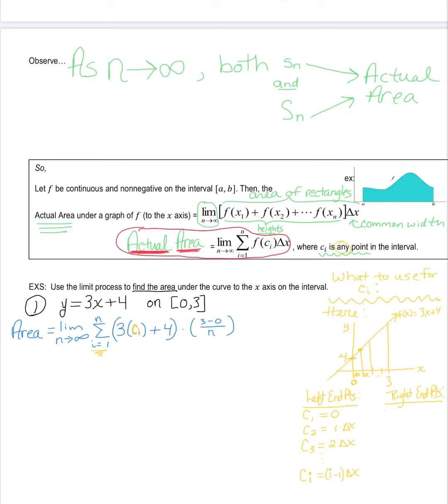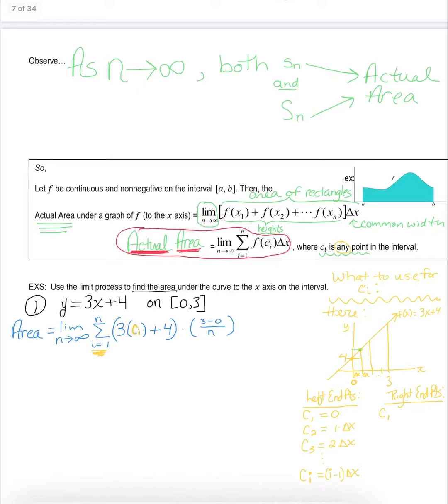If I was going to use right endpoints for the height, again my index starts at 1. So if I start with the first rectangle and want to use the right endpoint, then my first one would be right there. So I'm starting in 1 width. When I was using the left endpoint, I started at 0.